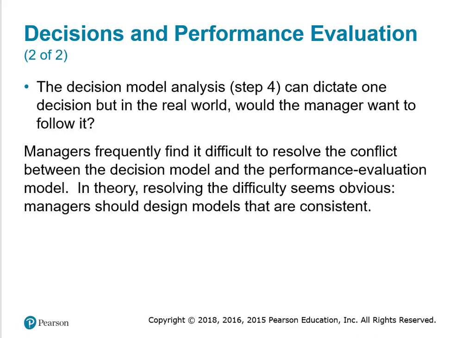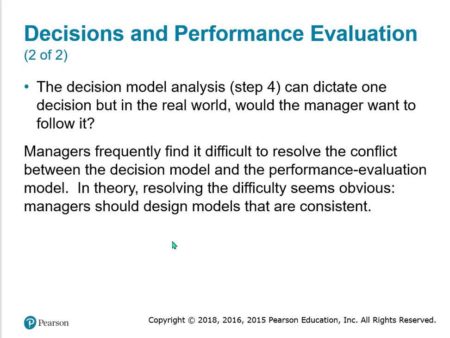So the decision model analysis, step 4, can dictate one decision, but in the real world, would the manager really allow it? An important factor is the manager's perception of whether the decision model is consistent with how the company will judge his or her performance after it's implemented.